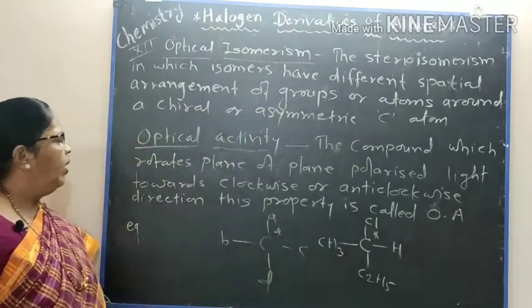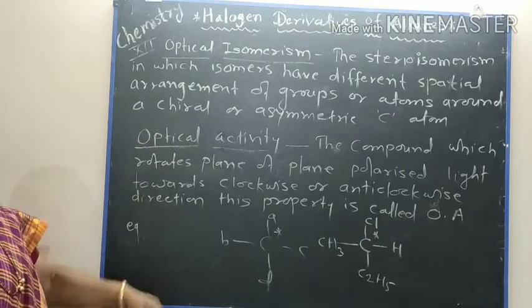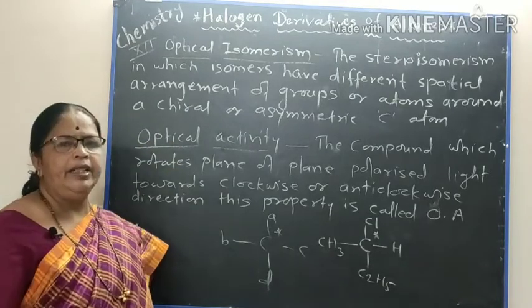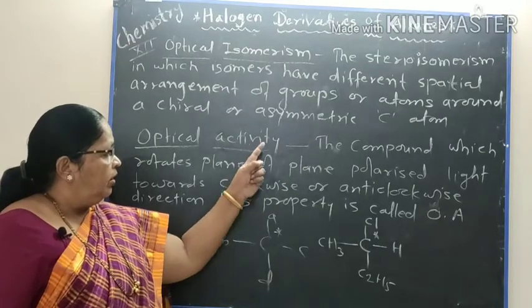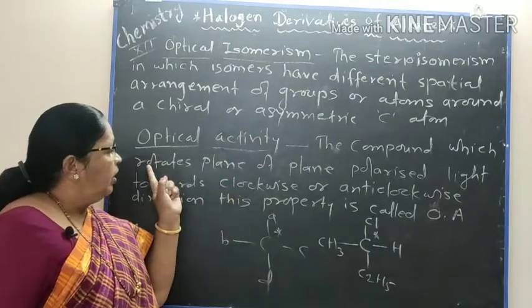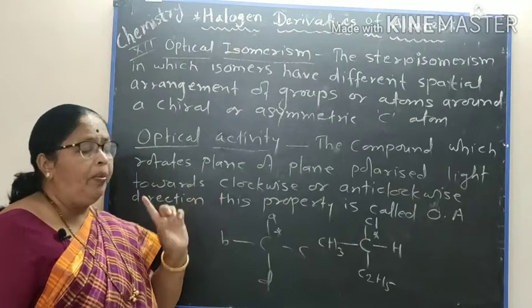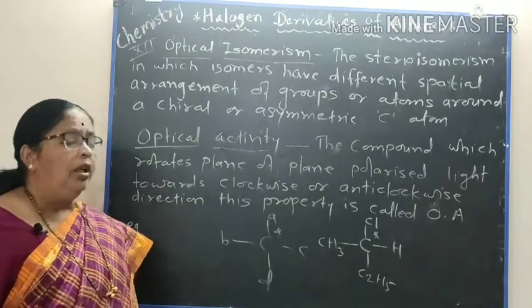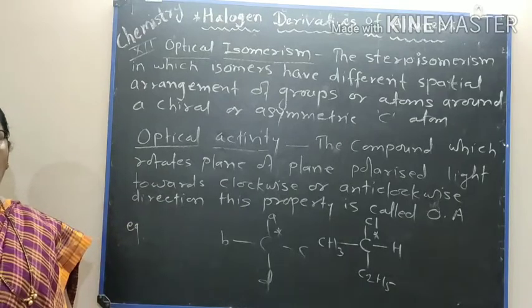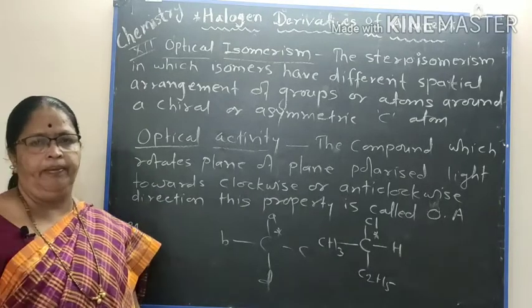Then see what is meant by optical activity. Optical activity is a phenomenon or property which shows the rotation of plane polarized light by a compound, either in clockwise or anti-clockwise direction.